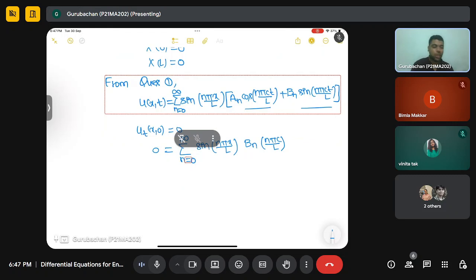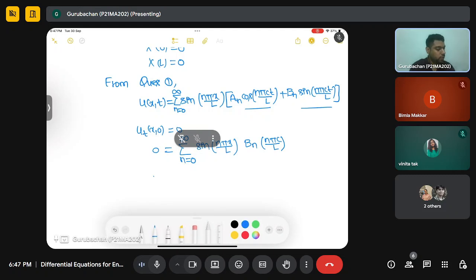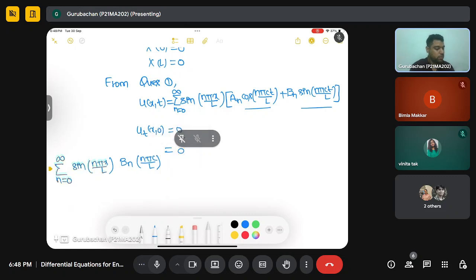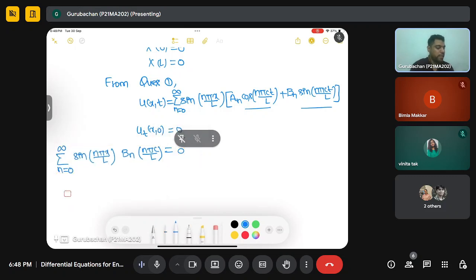Now again, by the orthogonal property, let me rewrite it in the following way, just to avoid any ambiguity.